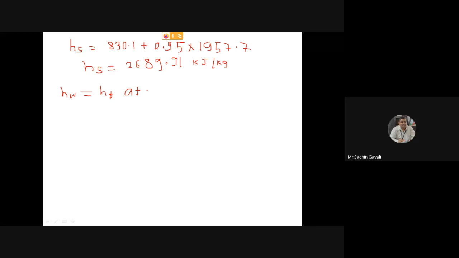Okay. So HW is equal to HF at feed water temperature. That is HF at 39 degrees Celsius.